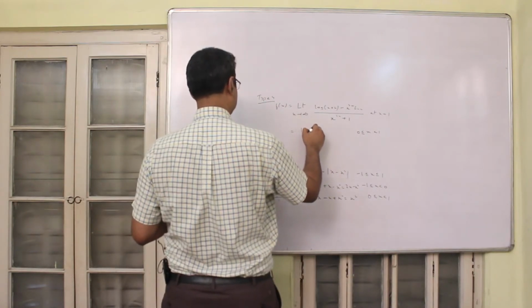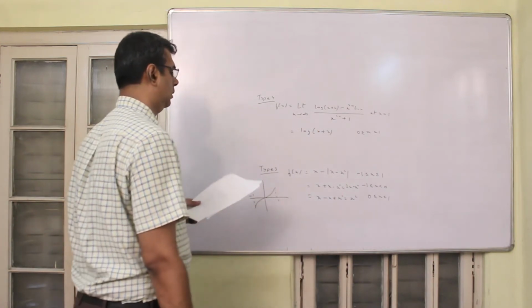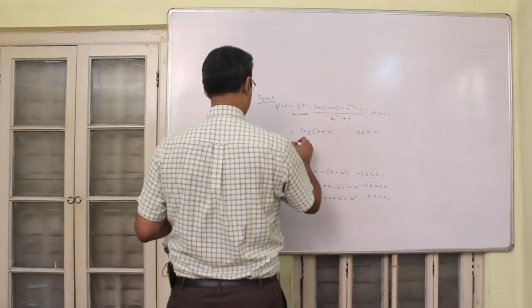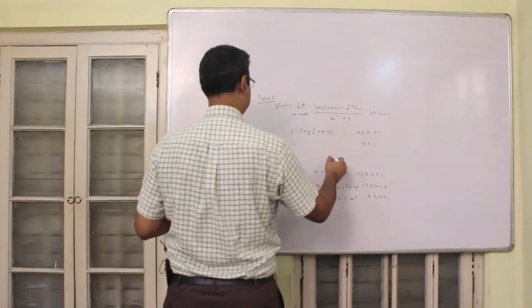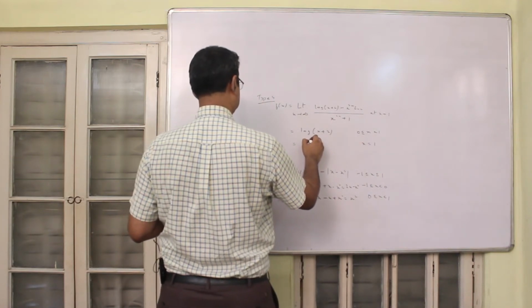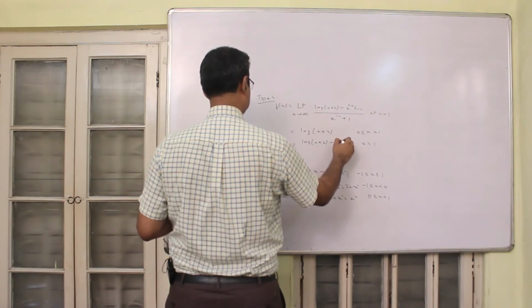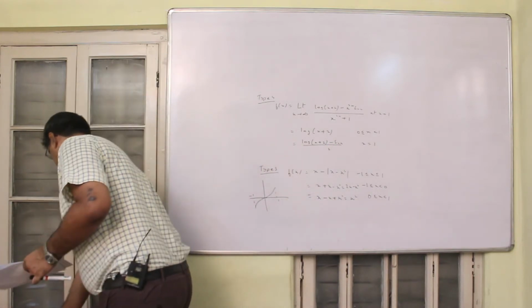In that case, x to the power 2n will be negligibly small. So f(x) will become log x plus 2. Secondly, suppose x is equal to 1. Then the function will become like this.